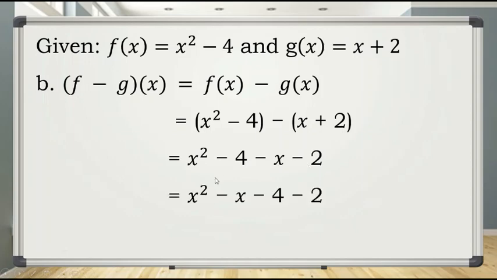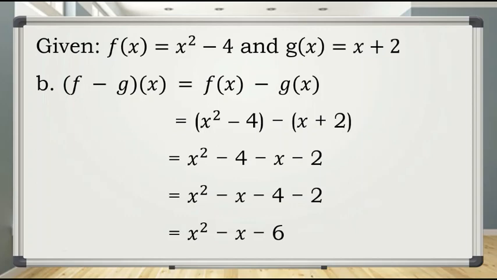Combine like terms, bring down x squared, bring down negative x, bring down negative 4, and bring down negative 2. So, ang order ng pagkakasulat ng expression or ng polynomial, mauna lagi yung may literal coefficient.